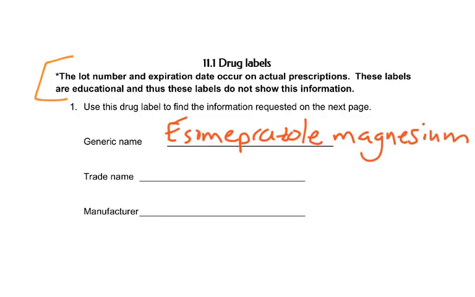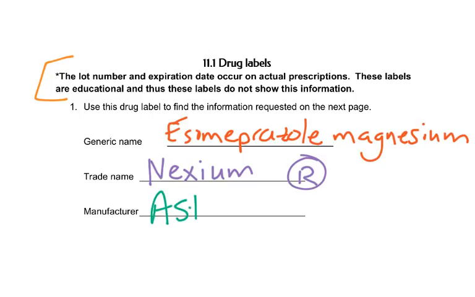And the trademark name is Nexium, and you can see that it's a trademark name because it has the little R with a circle around it, and that means trademark. The manufacturer is at the bottom in black, and that's the company that makes the drug. That's AstraZeneca.